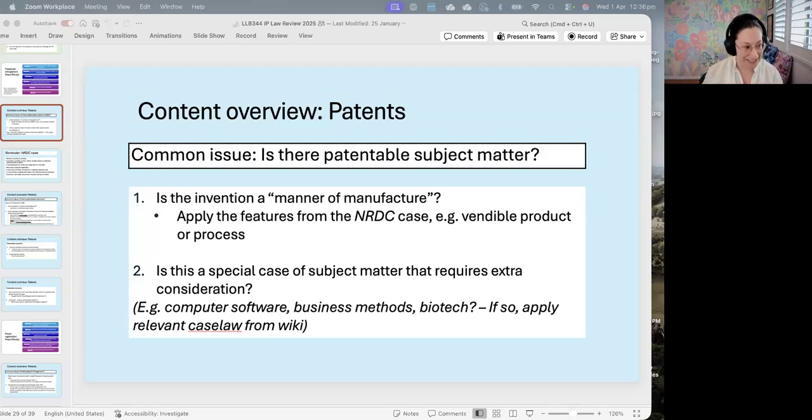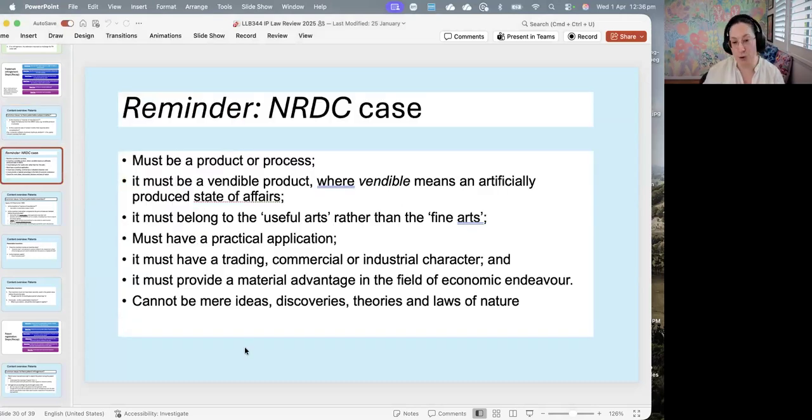Now, what does this mean? It was defined in the NRDC case to mean a vendable product or process. And in that case, the court set out what is a vendable product or process. It means an artificially produced state of affairs. So again, it's not a discovery.